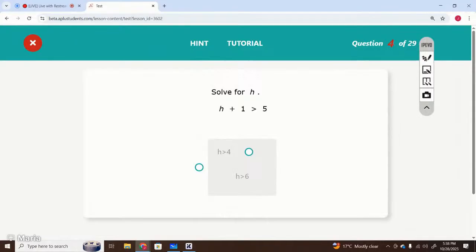h plus 1 is greater than 5. That is h is greater than 6.